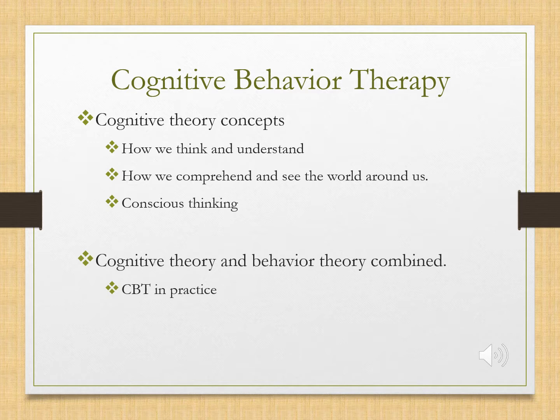Cognitive theory concepts include how we think and understand things, how we comprehend and see the world around us, and conscious thinking. One form of cognitive theory or intervention is cognitive behavioral theory.